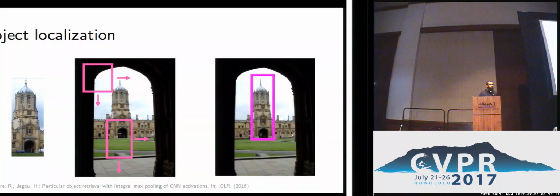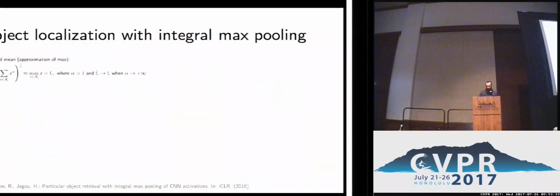This is done without any supervision. There's no learning involved. We approach this as a sliding window matching. So what we propose is a very efficient way to construct the MAC descriptors for any possible region of an image, and then evaluate MAC similarity in a sliding window manner.